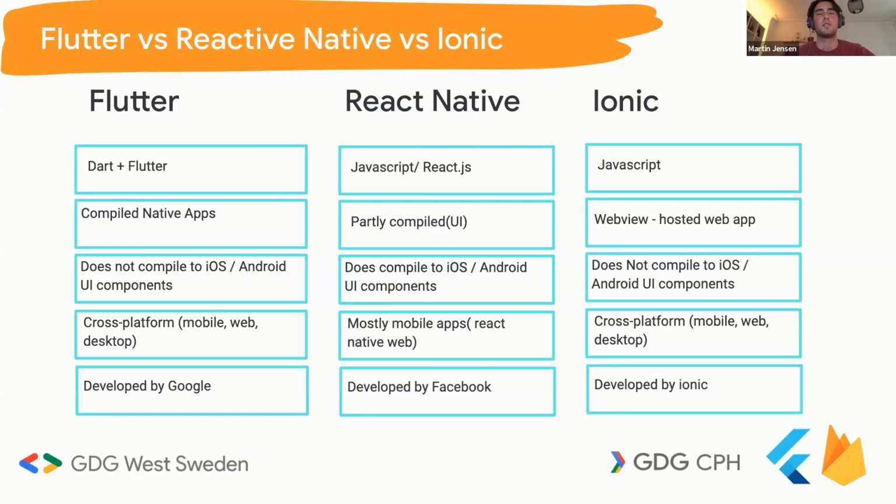So let's see what the differences are between three cross-platform solutions. Flutter is built with Dart, the programming language, whereas React Native and Ionic use JavaScript. A big difference is that Flutter doesn't compile into native UI components.